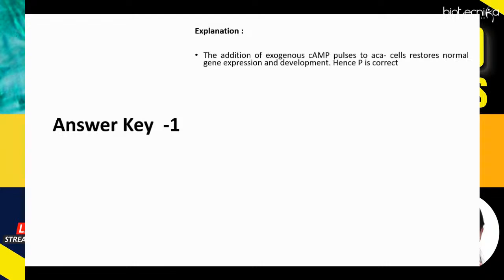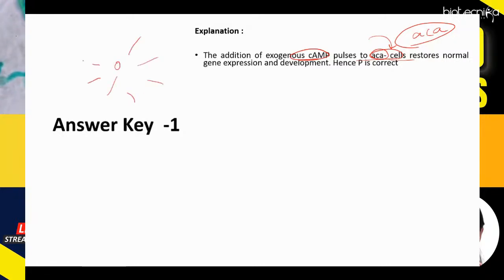So, option 1 is the right answer, because if you add exogenous cAMP pulses to ACA minus cells, first of all, you should know what ACA and ACB are involved in. ACA is involved in the initial distribution of the messages, where the single cells send signals to the other cells. So one layer of cells, after getting the signal, will come closer. Now this set of cells starts releasing the signal.